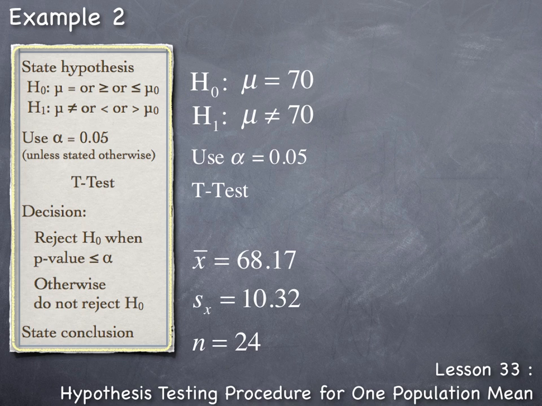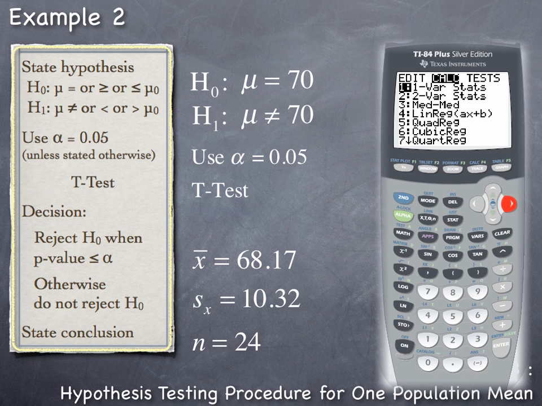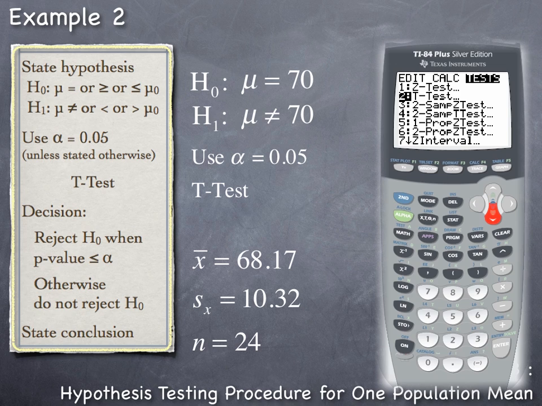In this case, we're told that the sample statistics were x bar equals 68.17, S sub x equals 10.32, and n equals 24. So on the TI-84 calculator, we would press stat, arrow over to tests, arrow down to t-test, press enter.